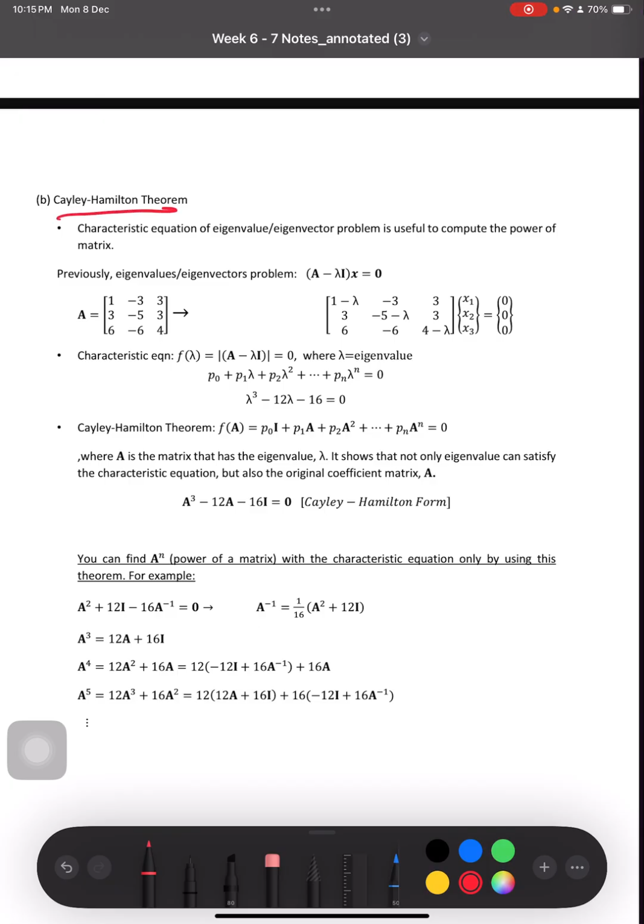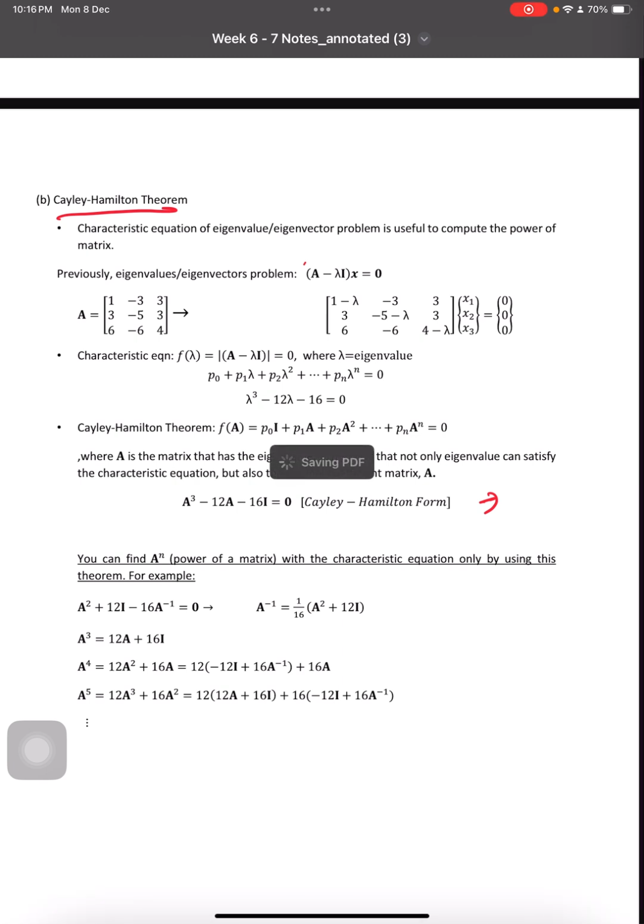theorem. The Cayley-Hamilton theorem is very useful if you want to solve higher order matrices. From the formula you get the characteristic equation in terms of lambda.